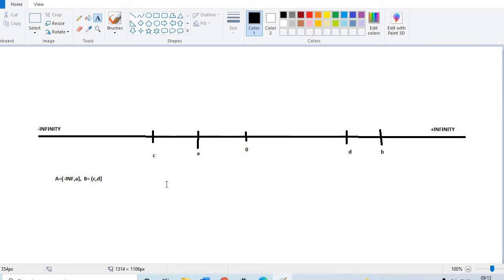So what is A union B? ഇതാണ് A എന്ന് പറയുന്നത്, ഇവിടെ വരെയുള്ളത്.